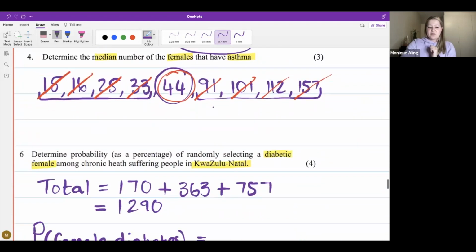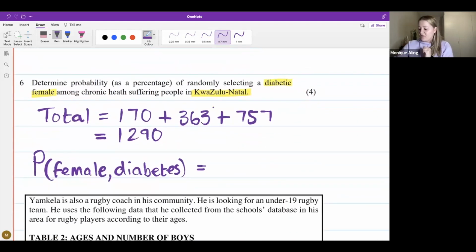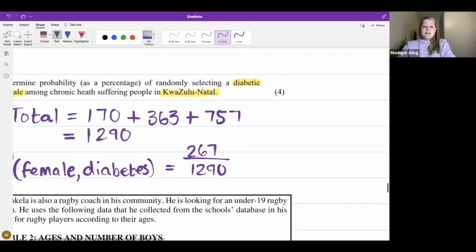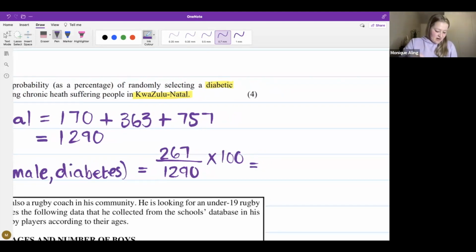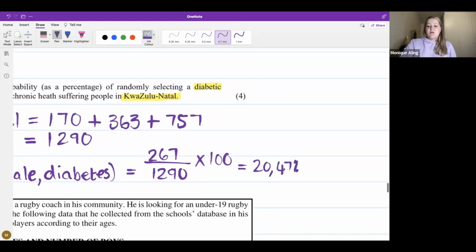That's how we always work out probability. And they asked us specifically to give it as a percentage. So we times by 100. And that is how you end up with the answer of 20.47%. Remember that percentages are always 2 decimal places.